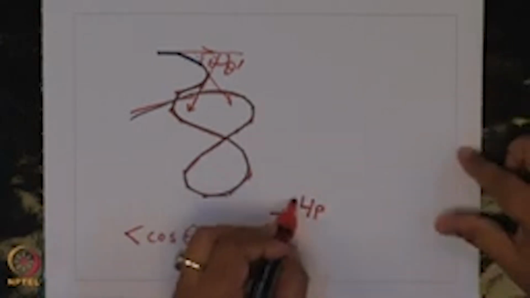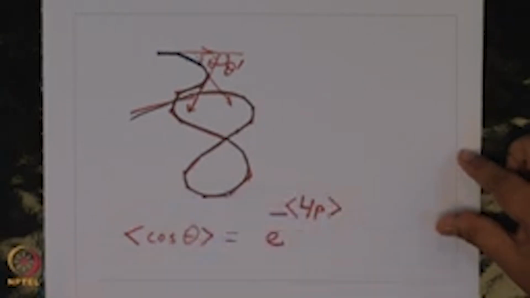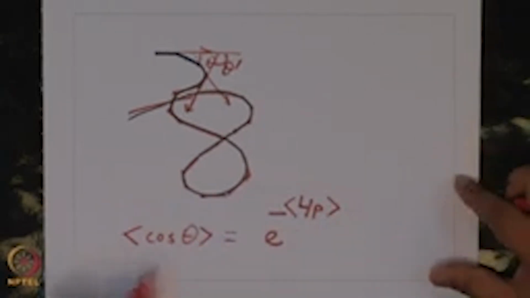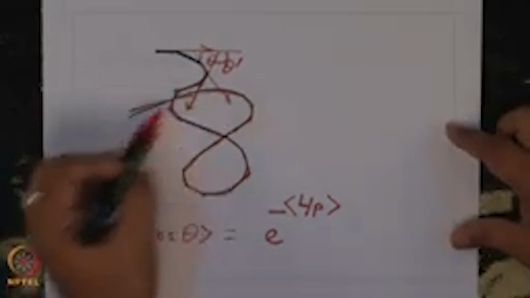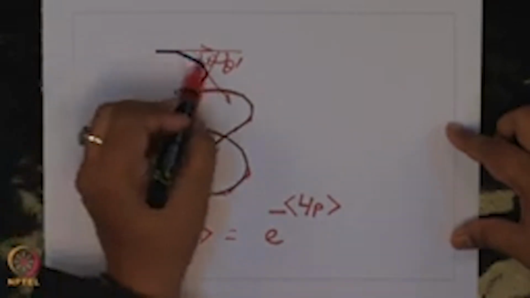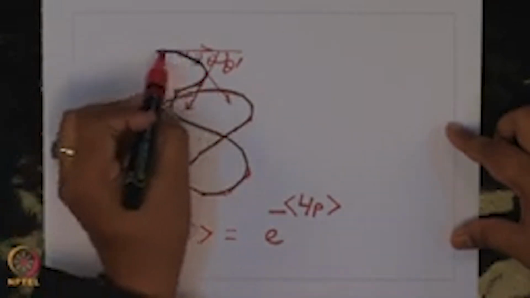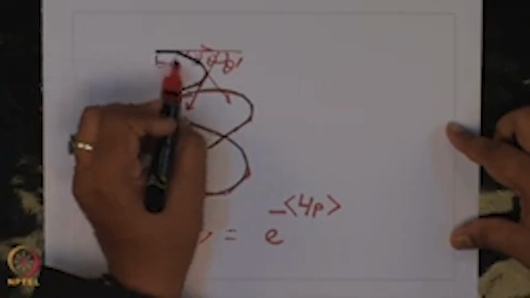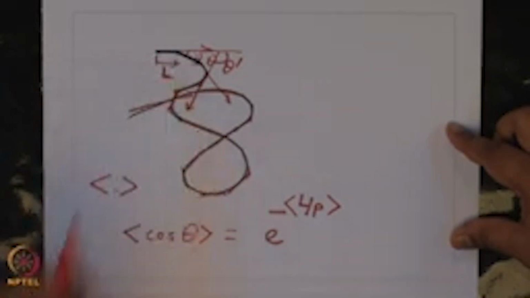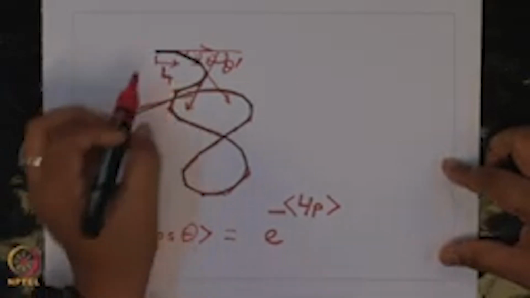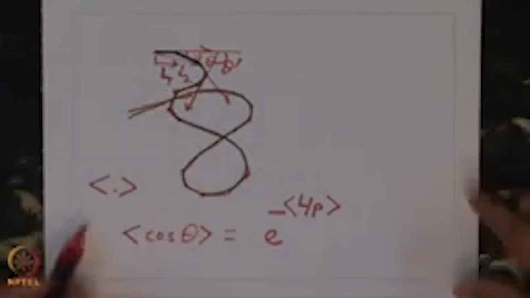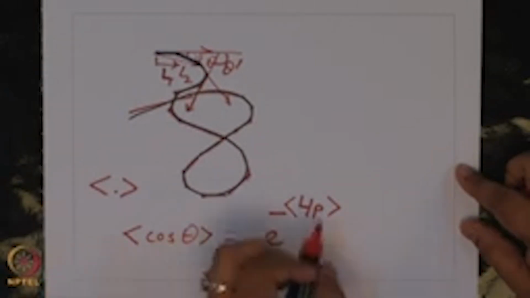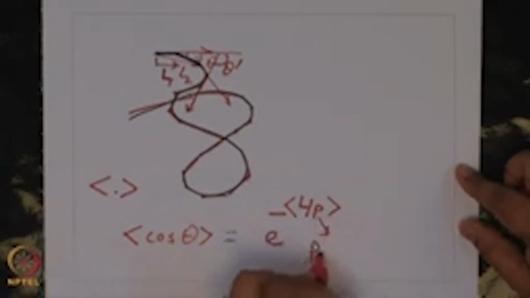This bracket is called an average operator. You can do this for these two segments and find the angle. Here the distance between these two is just dL. This is L1, and between these two this is L2, and so on and so forth. You can average it out and find p, which is the persistence length.